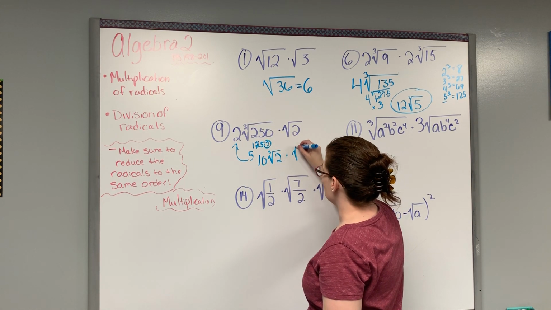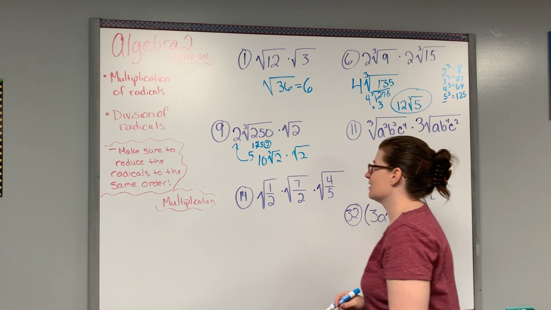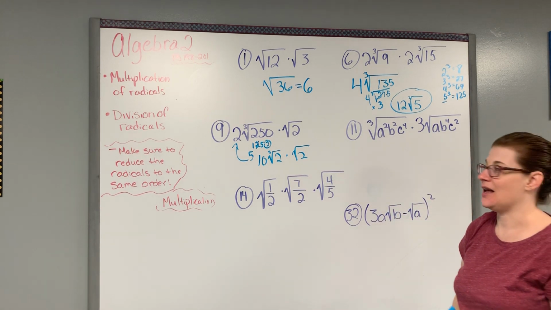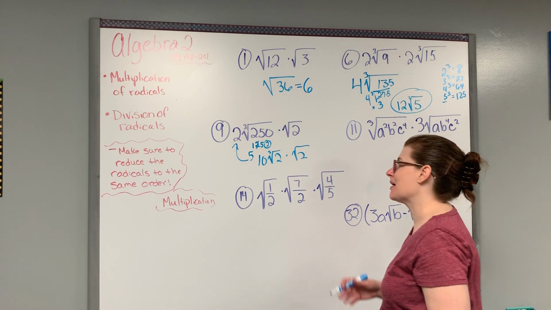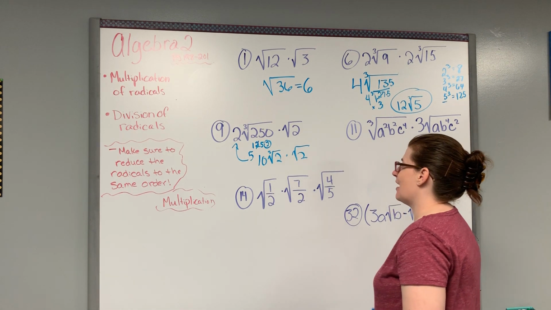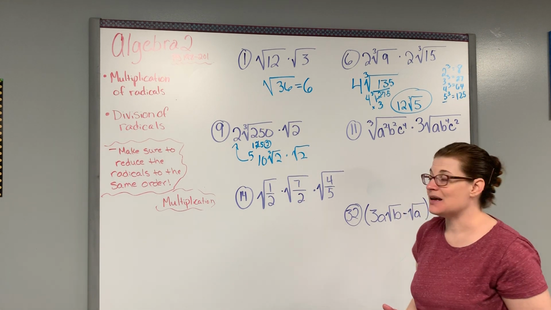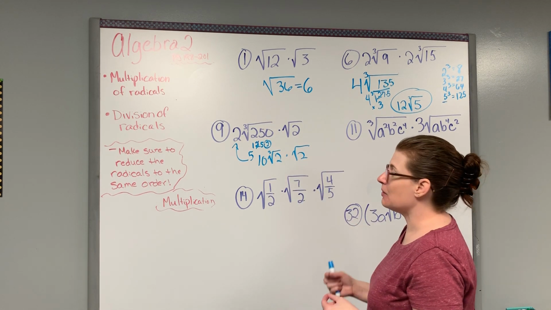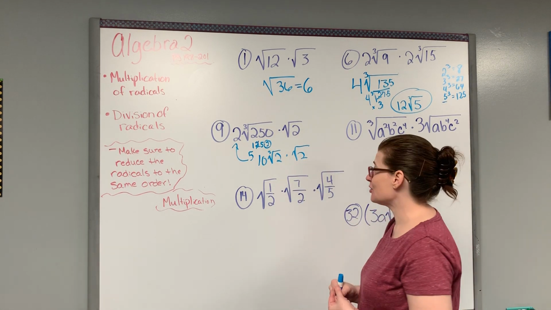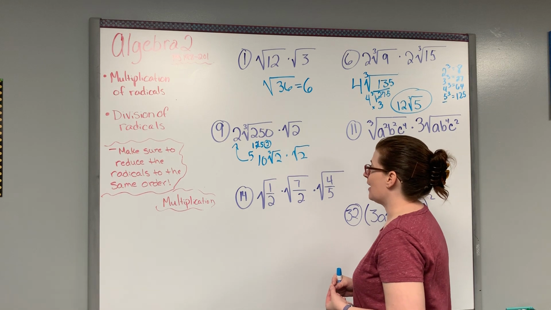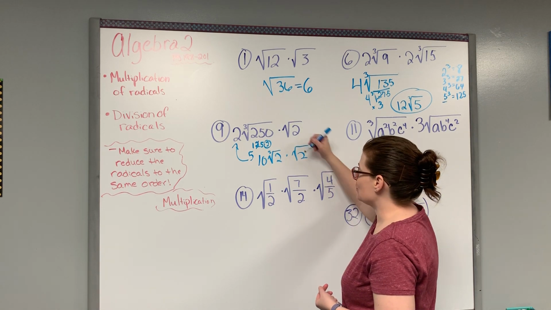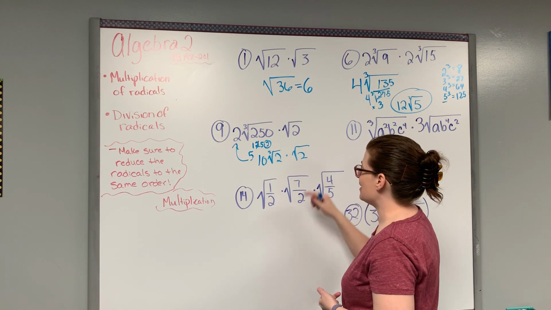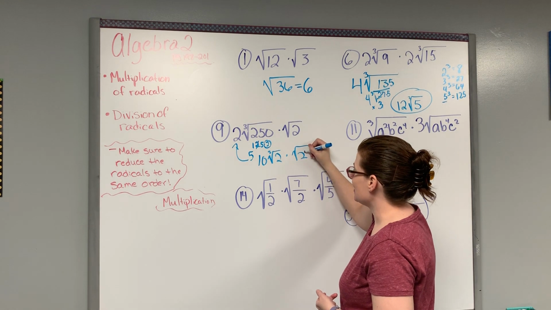So now my problem actually looks like this, okay? This is sad handwriting, okay? Shame on me. Write yours a lot better than that. Now they're still not in the same order. However, this is much easier to work with. When you put them in fractional exponents, okay, the number that's on the outside goes on the bottom, and the number that's on the inside, the exponent, these are ones.